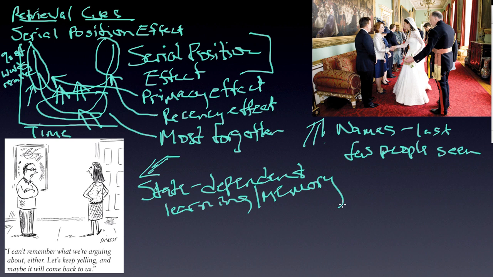I'll give you a good example. I'll just throw myself under the bus here. A lot of times I think of something that I need to do and I can't remember it. So I retrace my steps back to where I remembered the particular item, remember it, and then go back to do it again. That's a good example of state-dependent learning.